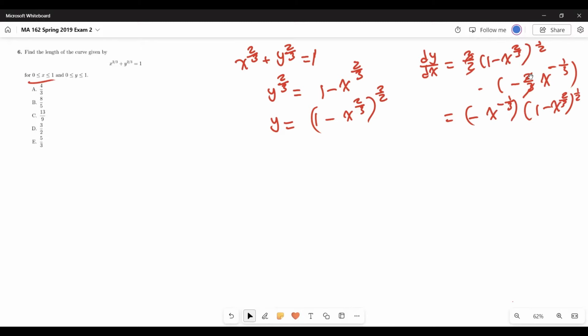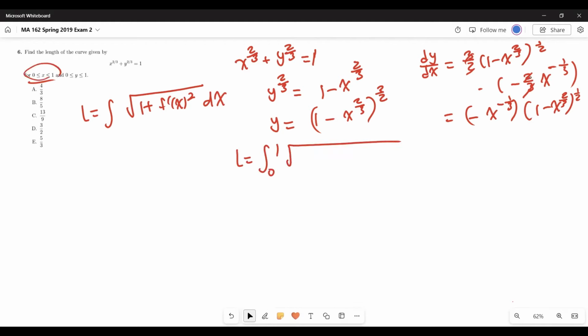And if you remember the length equation, it's the integral of the square root of 1 plus f prime of x squared dx. So since we already have dy dx, we just have to plug it in. The length is from 0 to 1 because we are given that, the square root of 1 plus this entire thing squared: negative x to the negative 1/3 squared, times (1 minus x to the 2/3) to the 1/2 squared, dx.